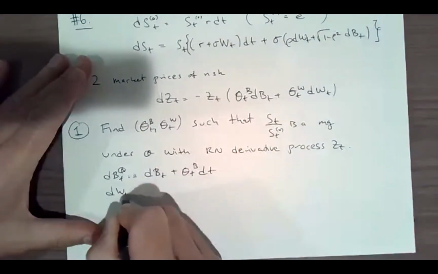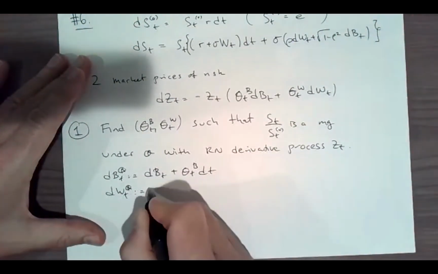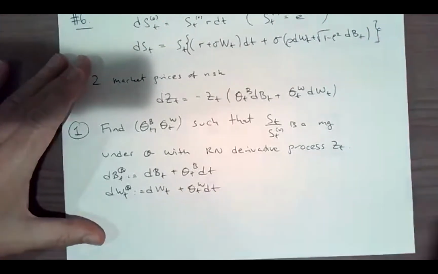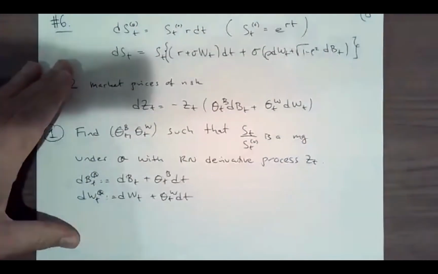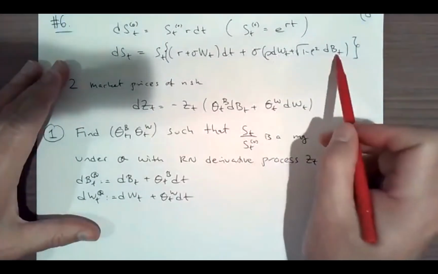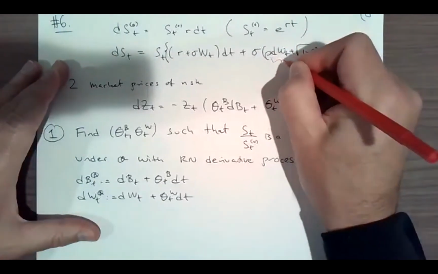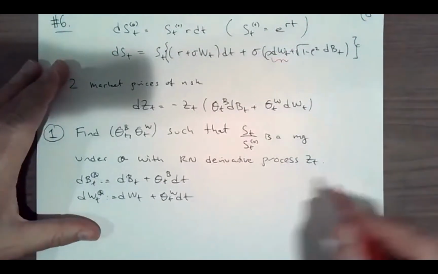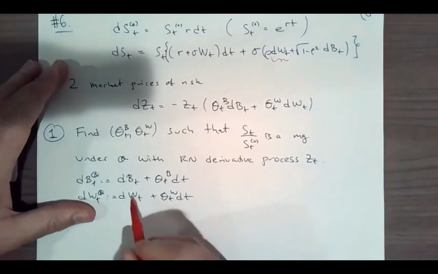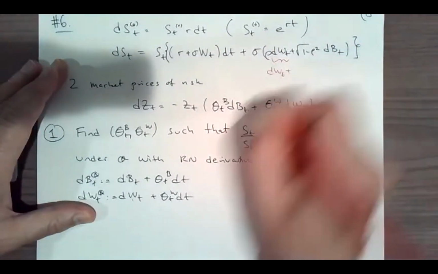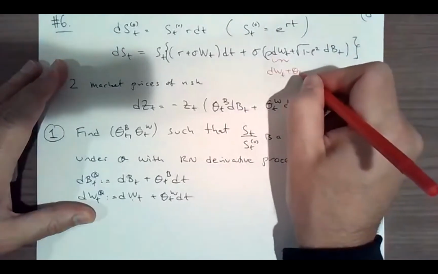And the other one will be, so what you do is you go up here, instead of dW, you would write dW plus your theta_W.